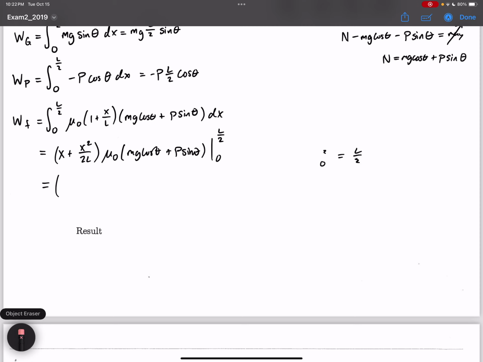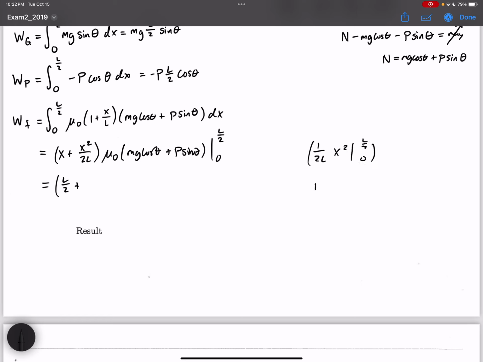So L/2 plus the second term, so let's just do this on its own. We have 1/2L times x² evaluated from 0 to L/2.